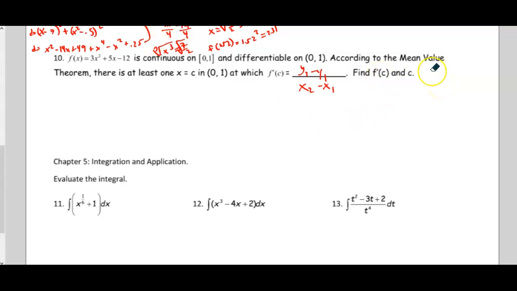So what we've got to do is first find a derivative here. The derivative right here is going to be 6x plus 5. All right, we'll hold this for a second. Going to the original, we need to find f of 0.